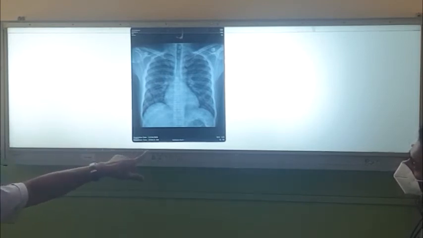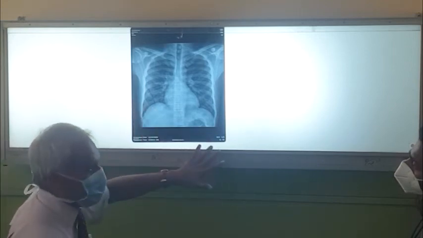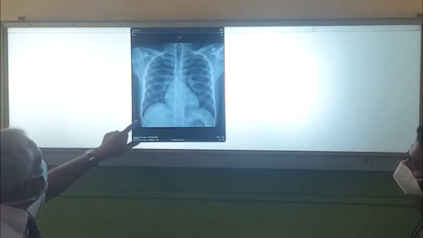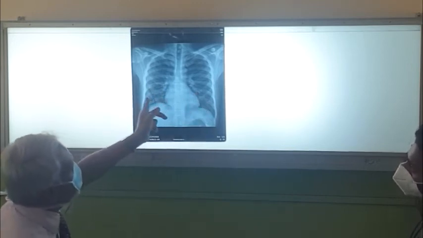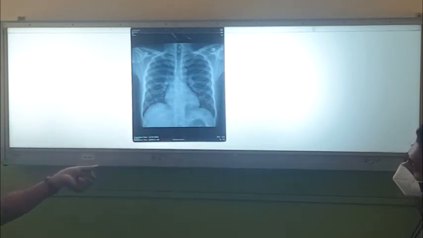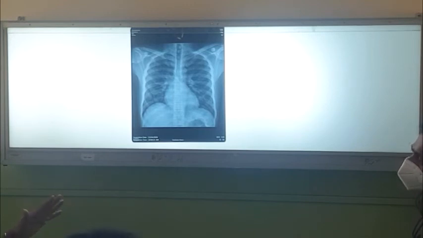I did a repeat X-ray, but hardly any changes. But if you see clearly, you can see some increased opacities here. I checked because the patient was this big, the saturation was 80 or something. A young, previously healthy patient and the saturation is very low, right?